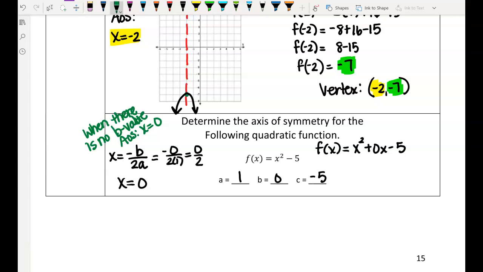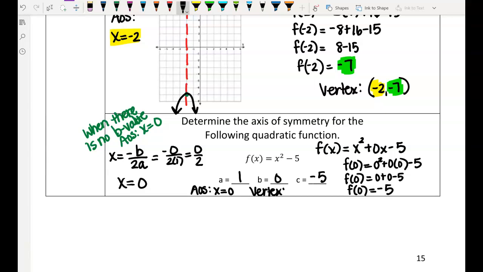And in this case, if we were to substitute that 0 in and find f of 0, that would be 0 squared plus 0 times 0 minus 5. So 0 plus 0 minus 5 means f of 0 is negative 5. So we have an axis of symmetry of x equals 0 and a vertex at 0, negative 5.